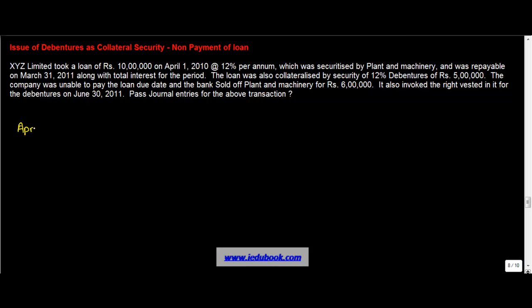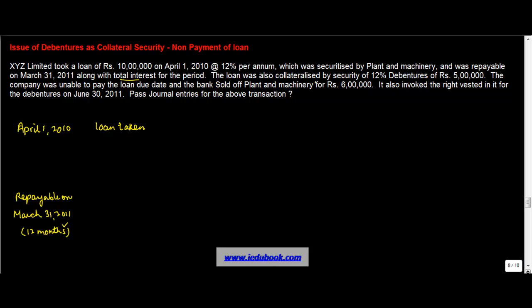April 1, 2010, loan taken, repayable on March 31, 2011, along with interest. So the interest also has to be paid on this date. What's the difference between these two periods? It's 12 months.